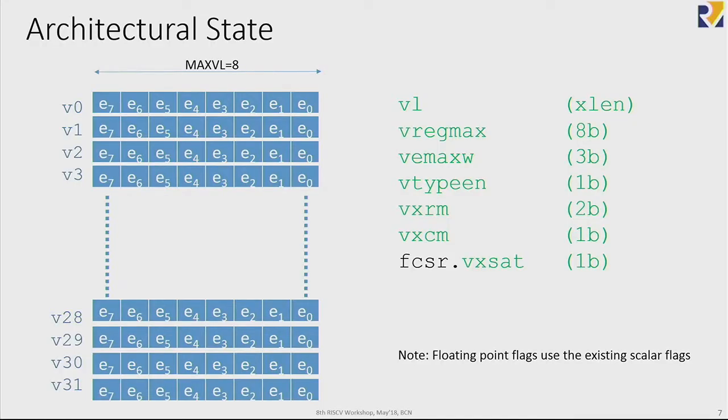So that value there, max VL, is the maximum value that you get from the hardware after configuring your vector unit. Obviously, any implementation will have a maximum storage. One company will have 8 kilobytes of storage for the register file, and that will obviously set an absolute maximum to the max VL value you'll ever see.